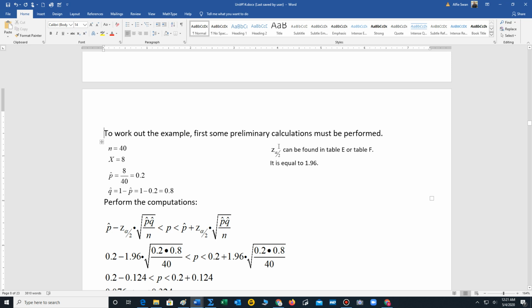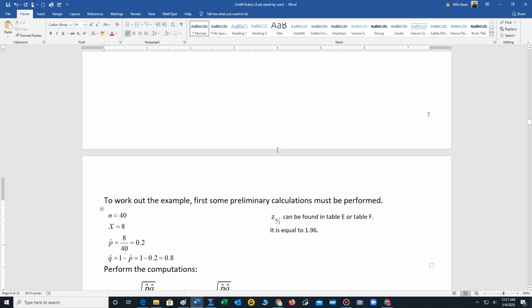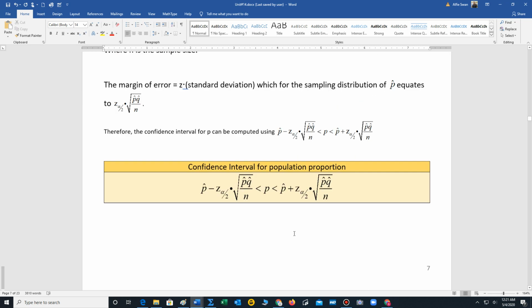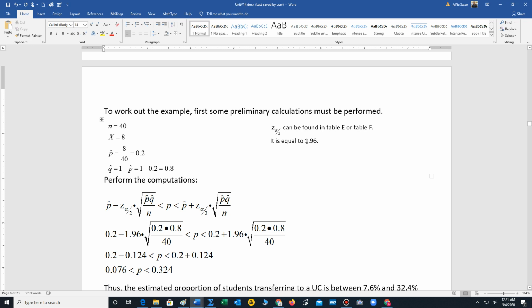And then Z sub alpha over 2, remember, we can turn to the table, look up our confidence level, which is 95%, and determine that the Z value is 1.96. So we now collect this information and we plug it into our formula. So P hat becomes 0.2, Q hat becomes 0.8, Z sub alpha over 2 is 1.96, N is 40.